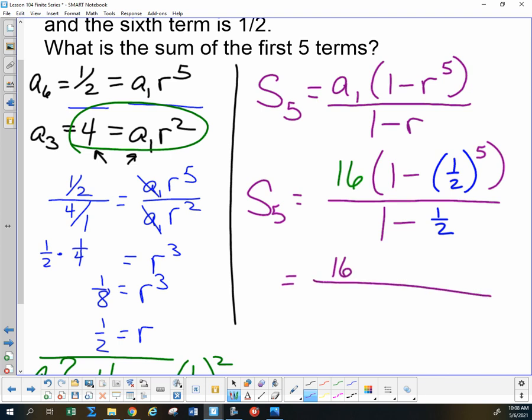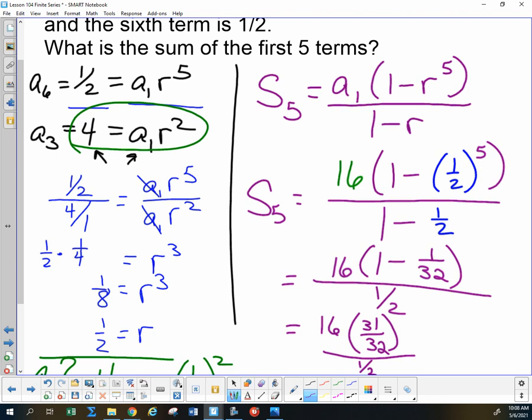16 is easy. Denominator, 1 minus 1/2, that's not too bad. That's going to be 1/2. And then I'm going to have 1 minus 1/32, I think. So 16 times 31 32nds divided by a half.